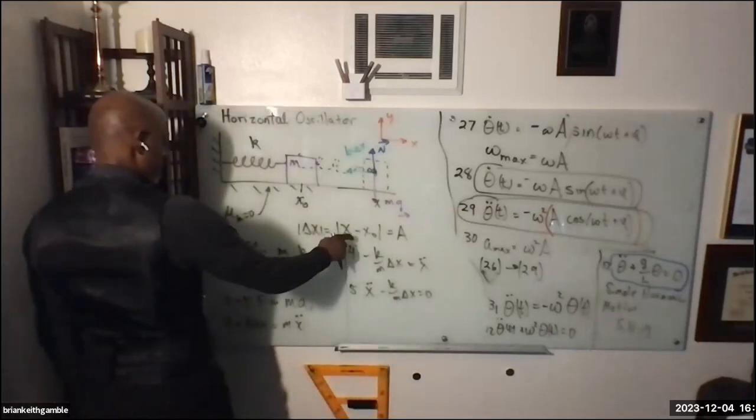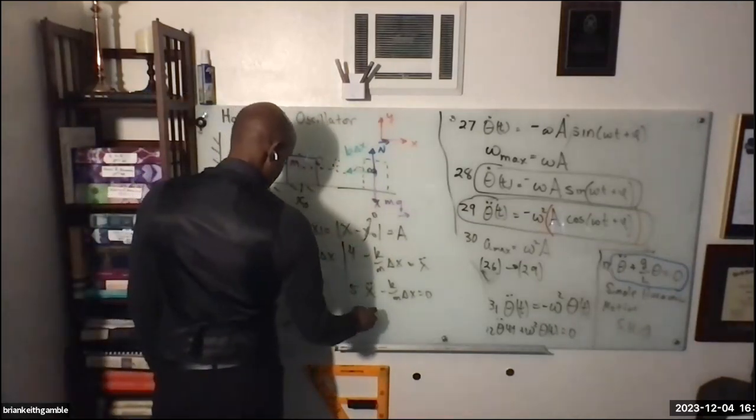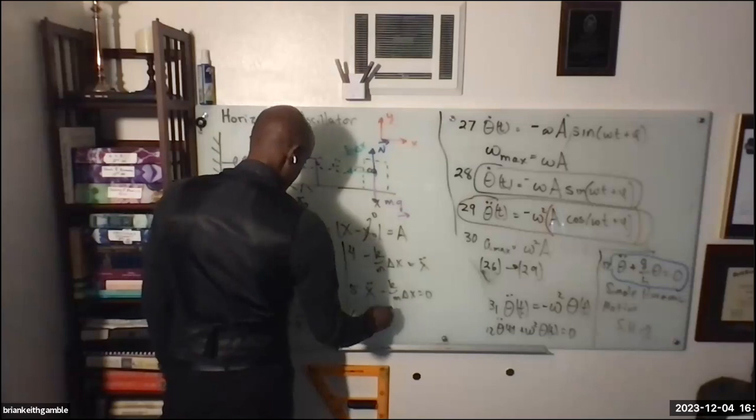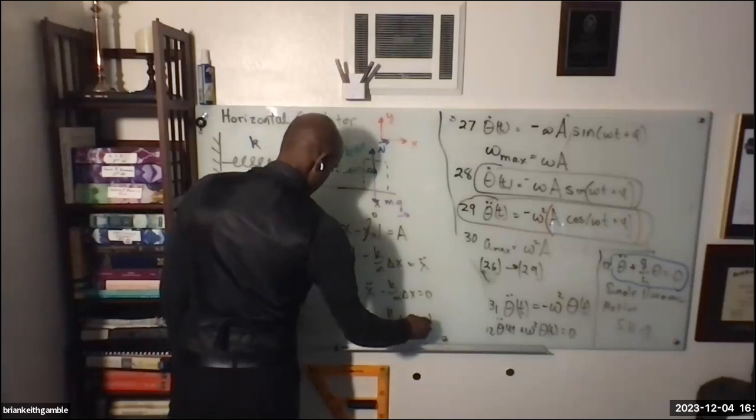Now delta x is x minus x naught, but you can assume that x naught is 0. We can make that assumption, putting in k over m times x minus x naught, that goes to 0, equals 0.